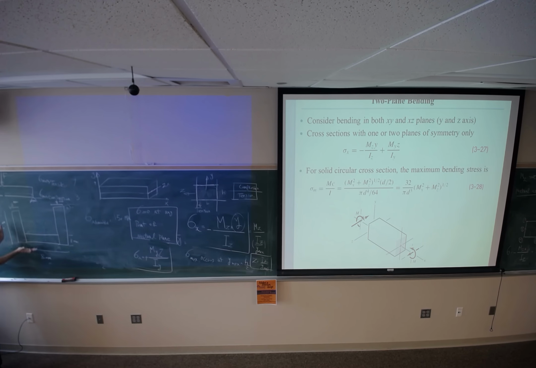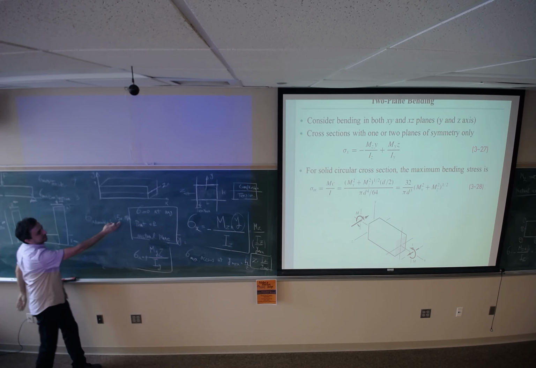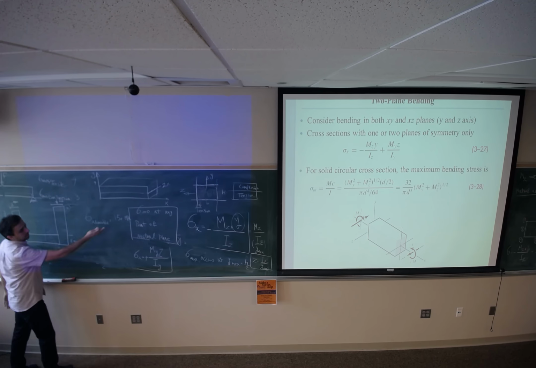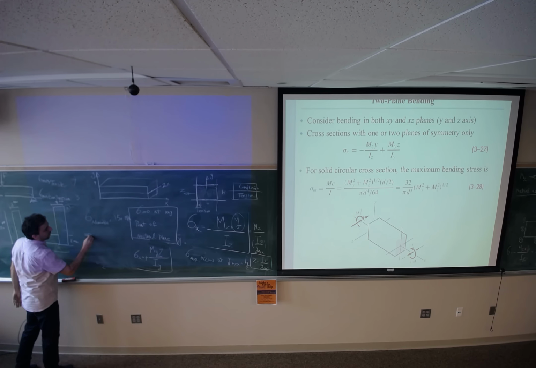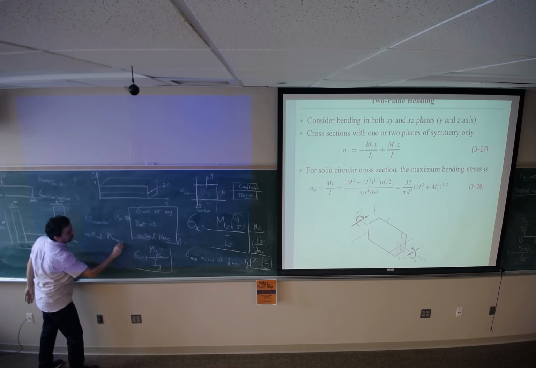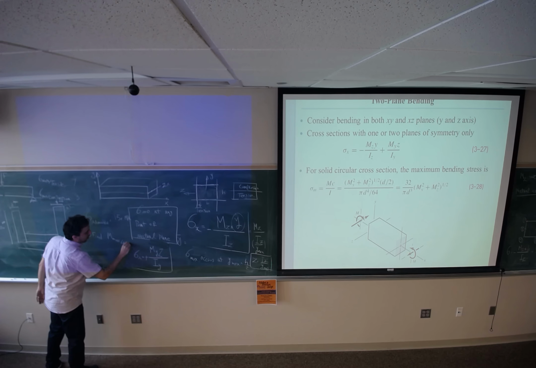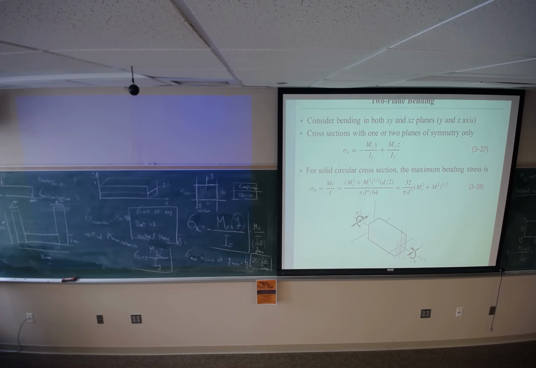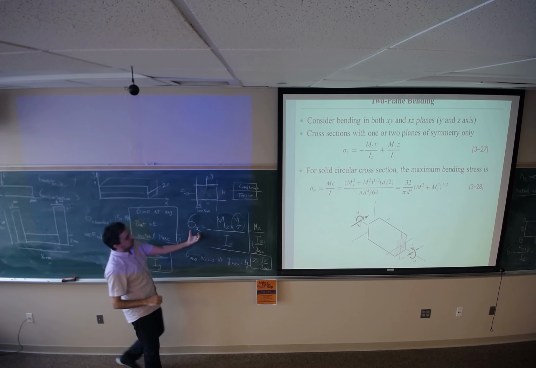It means the maximum stress applied to this cross section should be less than or equal to 150 megapascal. Find the maximum allowable moment. What would be the maximum bending moment that you can apply to this cross section if the maximum allowable stress is 150? To find that, you need to find the maximum normal stress.